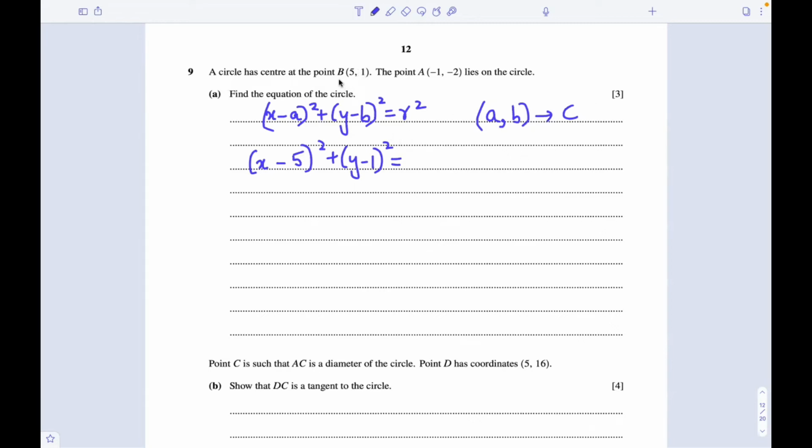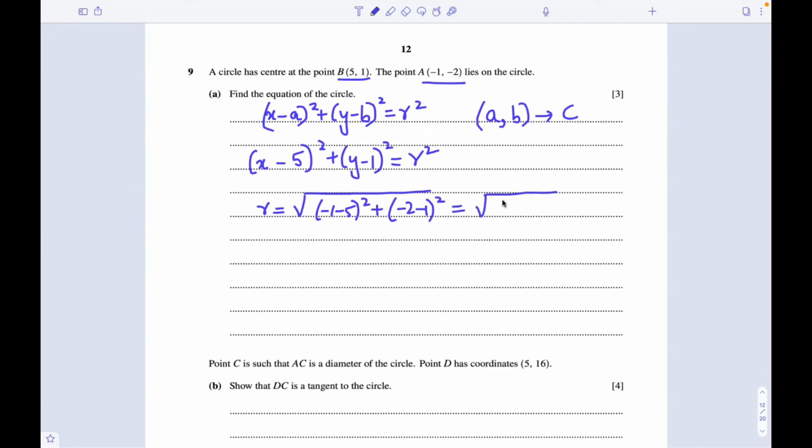Now, what we need to understand is that this is the center and this is a point that lies on the circle. So the distance between these 2 points will be the radius. So we can find the radius by using the distance formula. So r would become square root of x2 minus x1 whole squared plus y2 minus y1 whole squared. So this would become minus 1 minus 5 whole squared plus minus 2 minus 1 whole squared.